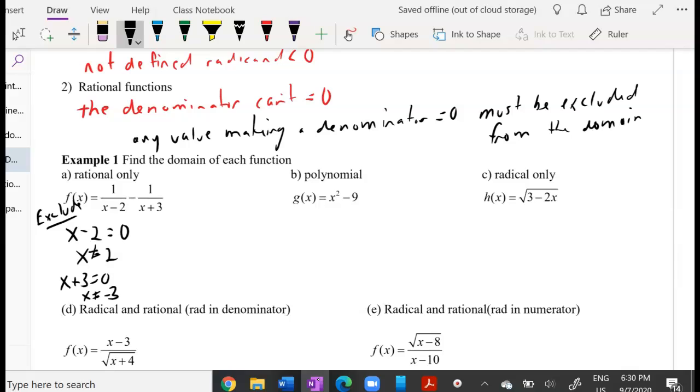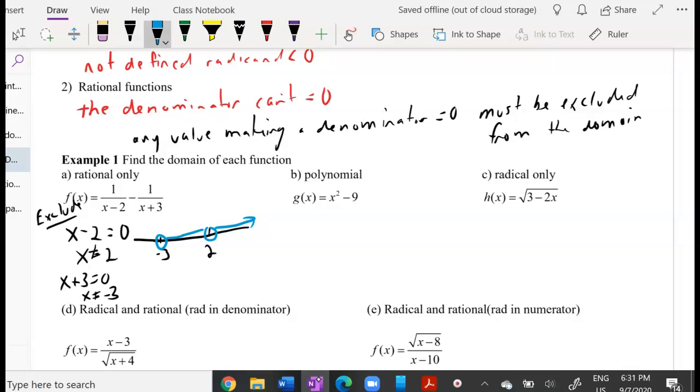So if we're going to just look at this real quick, our domain would have negative 3 and 2. And it can't be either one of those points. So those are the only holes. Everything else is good to go.